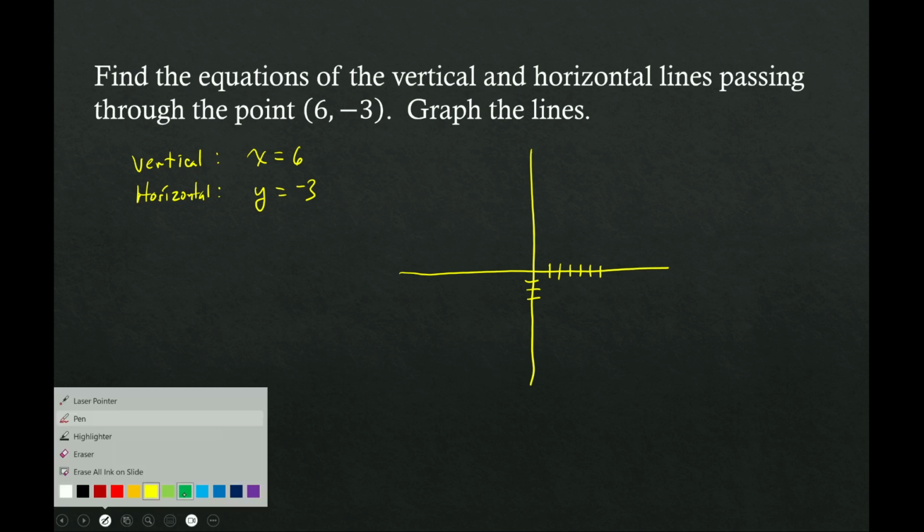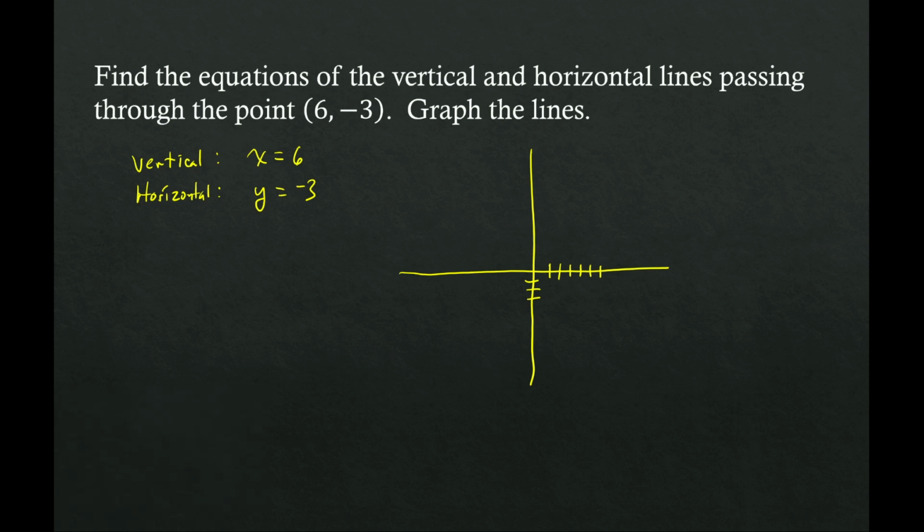So to graph, we'll graph the vertical line first, x equals 6. Then the horizontal line, y equals -3, would look like that. And where they cross is the point 6, -3.